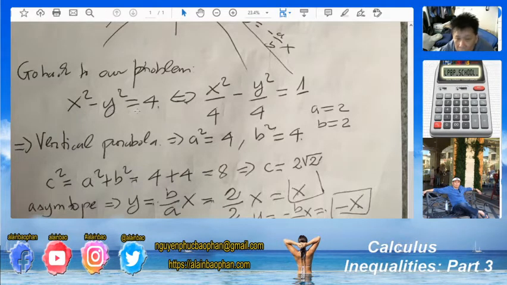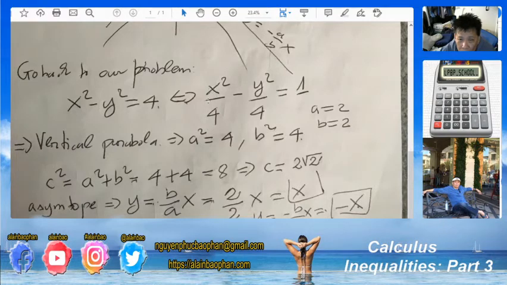There are different ways to graph this, but I think if you use pre-calculus and this form, it's the easiest way. So x squared minus y squared equals 4. In order to go back to the form x squared over a squared minus y squared over b squared equals 1, since you have 4 here, you divide both sides by 4.